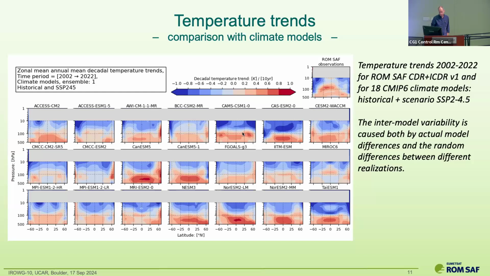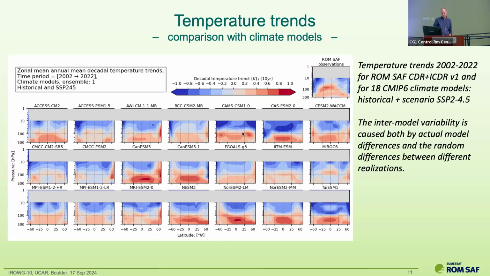So we put a student on it just a month ago, picking one ensemble member from each of the 18 models and computing trends in the same way as we do with the ROMEX data. And you can see here the radio occultation trends, and then you have the same trends from these 18 models.